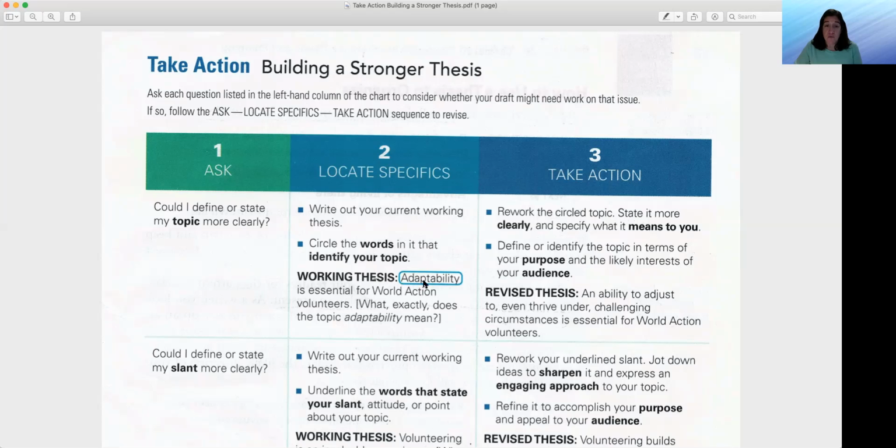So they have revised adaptability, and now the thesis says, an ability to adjust to, even thrive under, challenging circumstances is essential for world action volunteers. That's pretty good. It's clearer, and it's definitely an improvement.